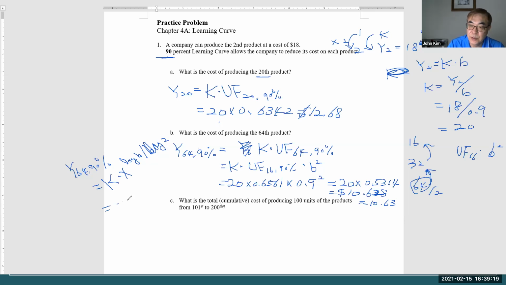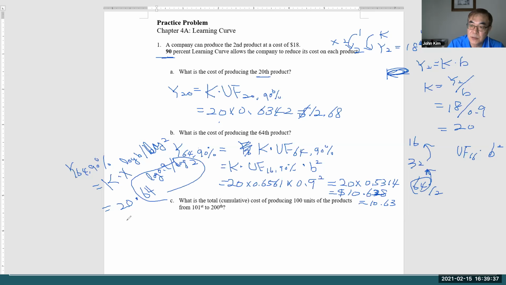It will be 20 times 64 to the log 0.9 divided by log 2.